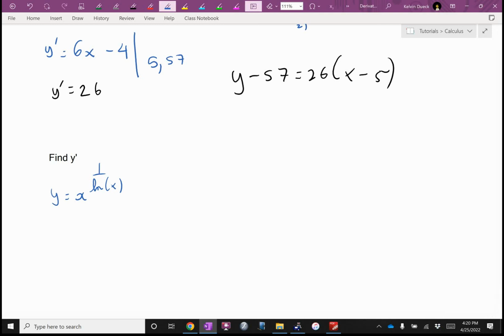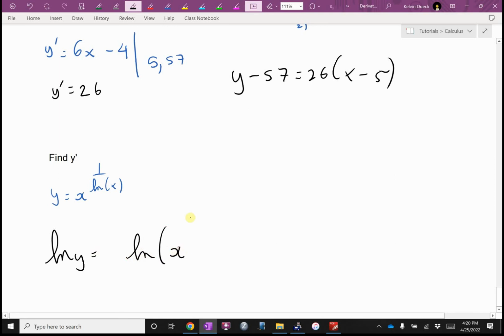Step 1, take the ln of both sides. What's nice is I can now move that to the front. Okay? Now, I'm good with fractions, so I'm going to write this one way, and I'm going to write this a better way.